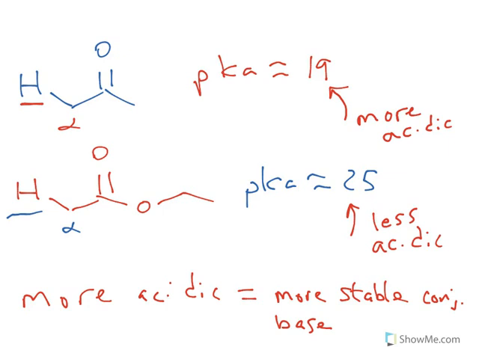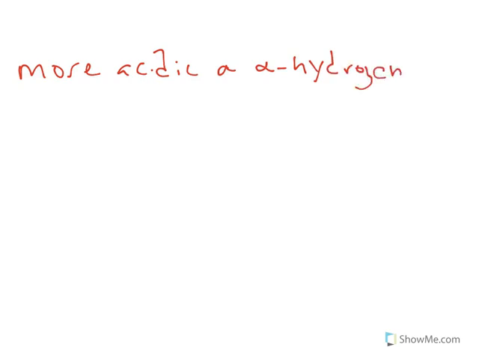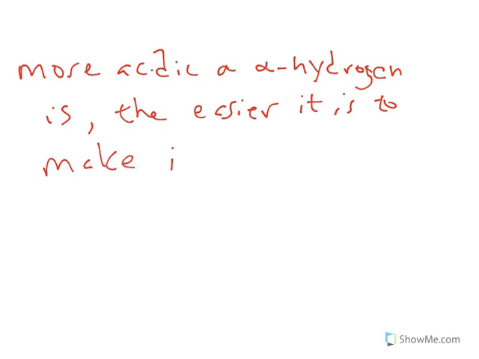It's easier to form. And what is the conjugate base of this ketone? It's an enolate. So what we're going to say here is that the more acidic an alpha hydrogen is, the easier it is to make an enolate.